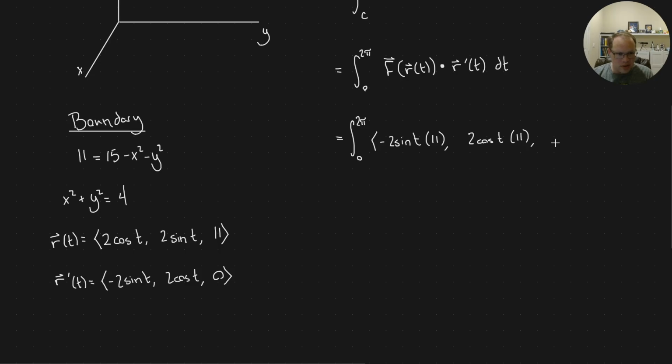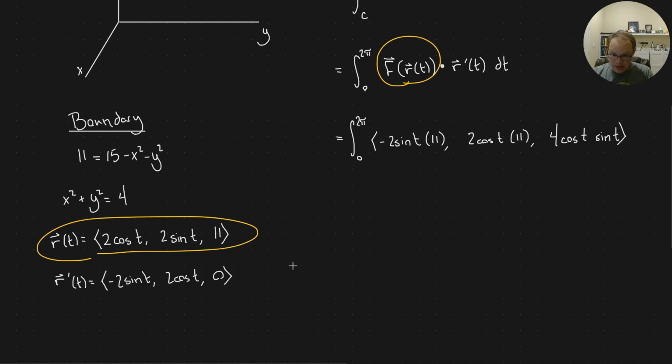So 2 cosine t times 2 sine t, that's 4 cosine t sine t. And with that, that's our vector field evaluated along our parameterized boundary, our parameterized curve.